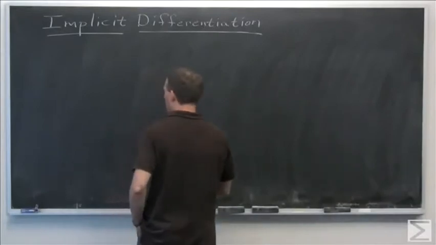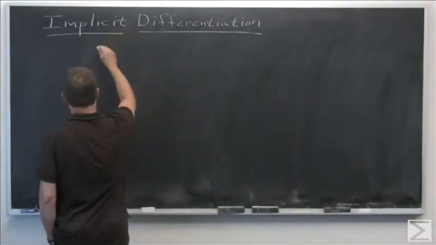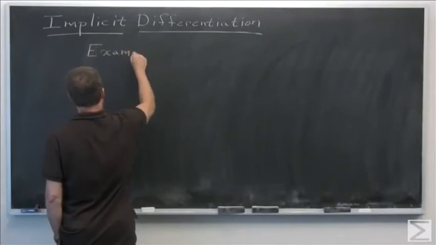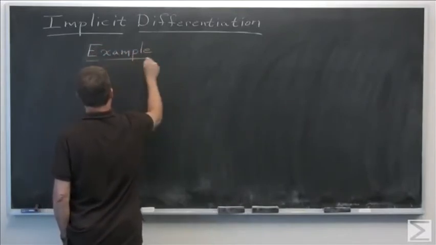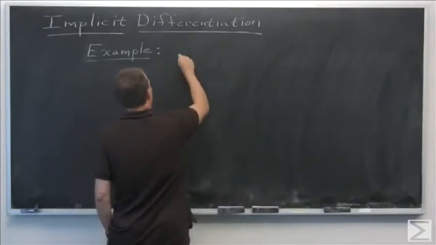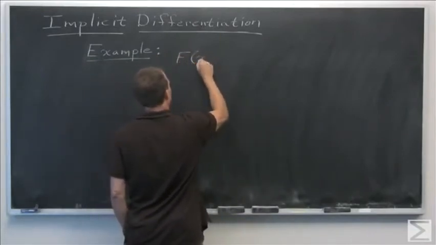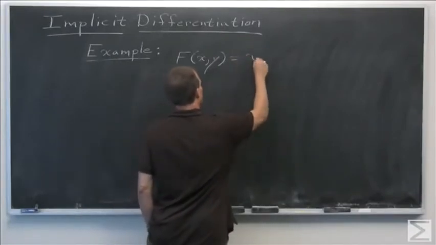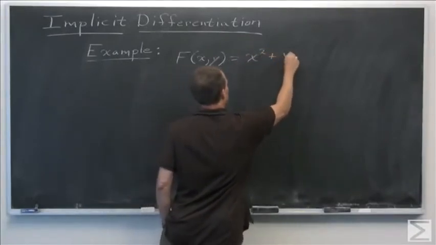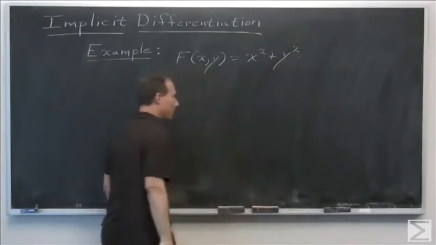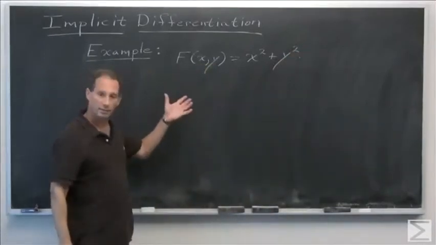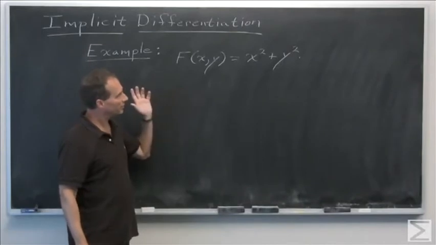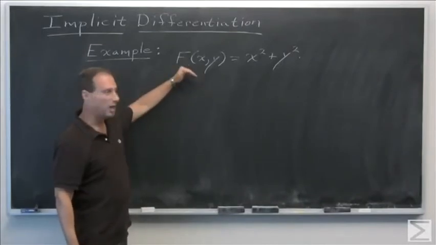So, implicit differentiation, well, a typical problem, probably the easiest example that's still complicated enough to show you what's going on. Suppose I take the function of two variables, f of x y equals x squared plus y squared. So if you look at level sets of this, there'll be level curves, provided that you look at where the value of this is positive.